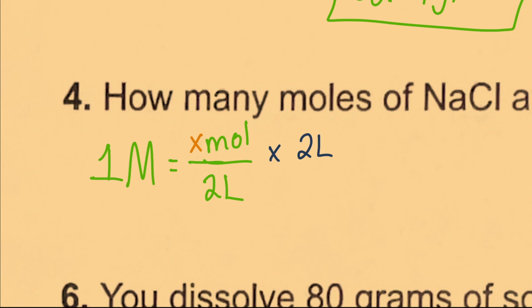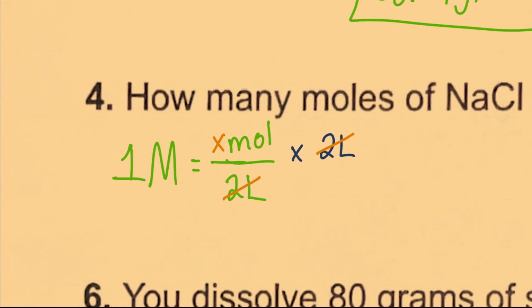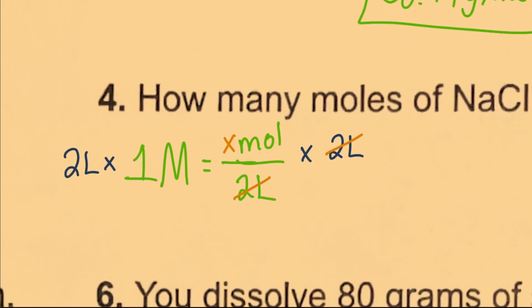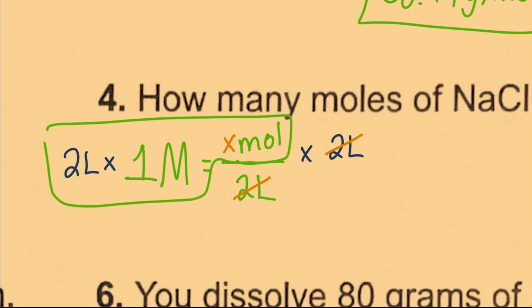And that means that now I can cancel these 2 L's, right? But this is an equation, so whatever I do on the right side, I have to also do on the left side. So I have to do 2 liters times 1 molar equals x number of moles, right?